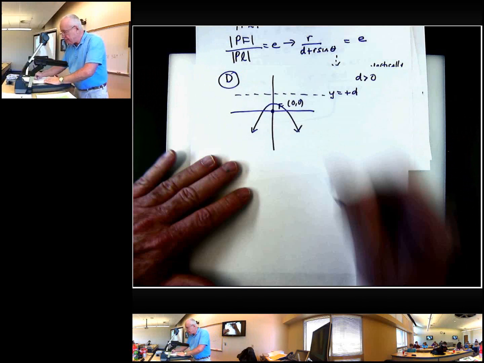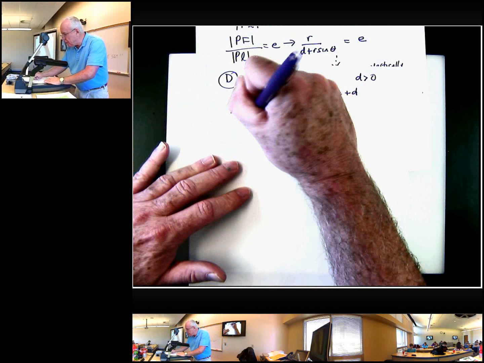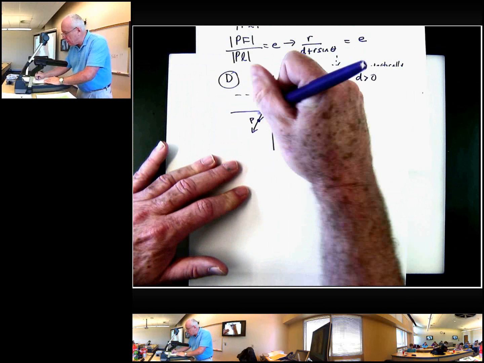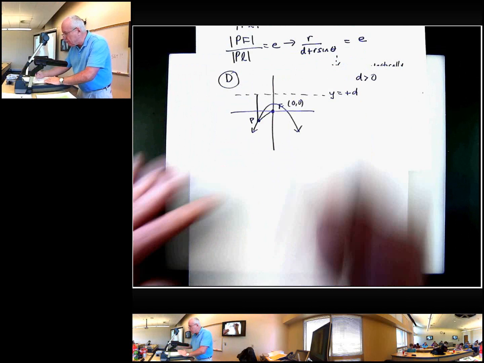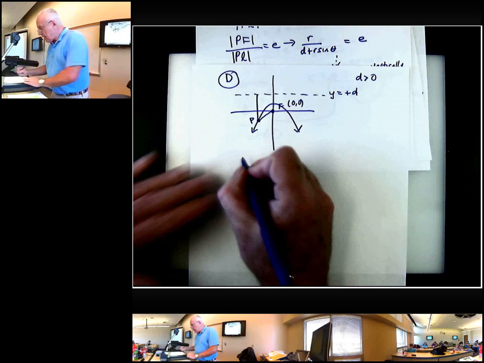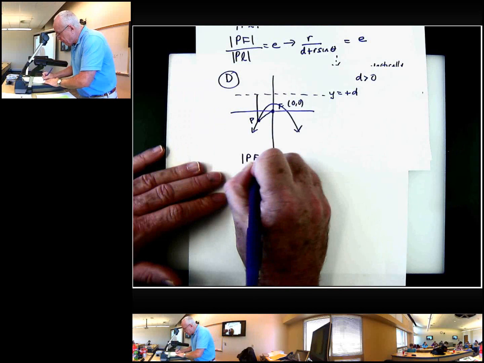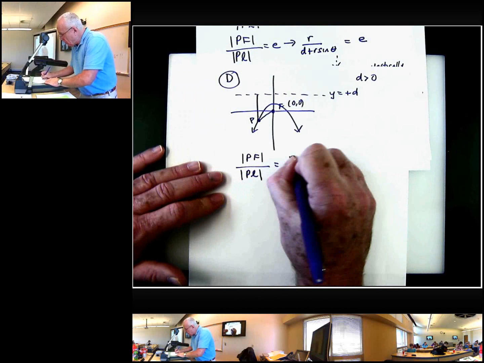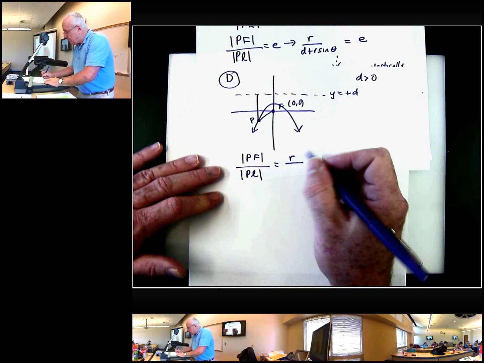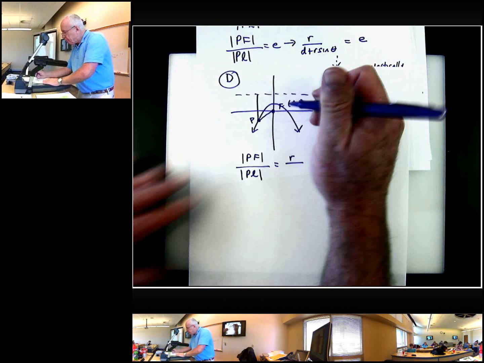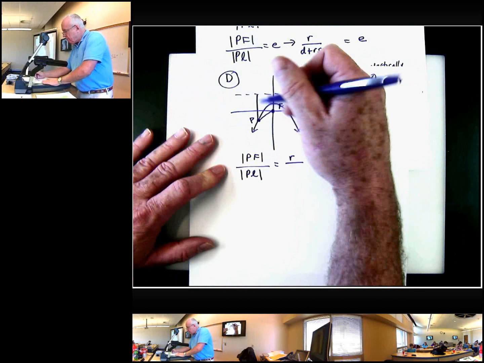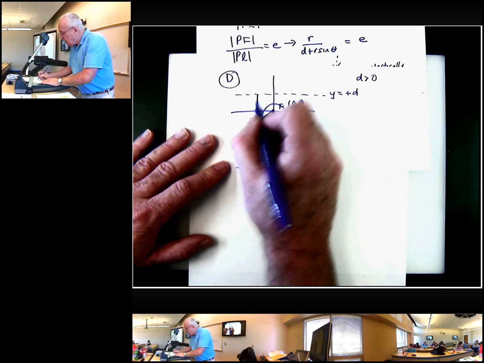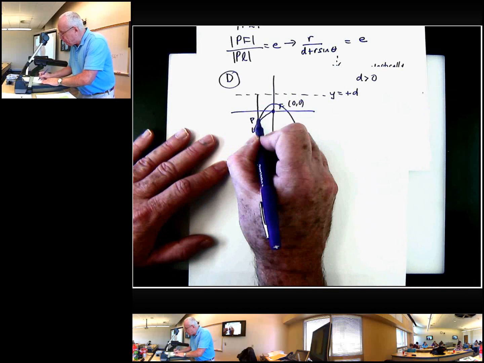All right, same deal. We take a point here, and we look at the distance to the focus at the origin, and we look at the distance to the directrix. So we have PF over PL is R over, now this time it's going to be what? Here we have two parts to it: the distance from the point to the directrix.